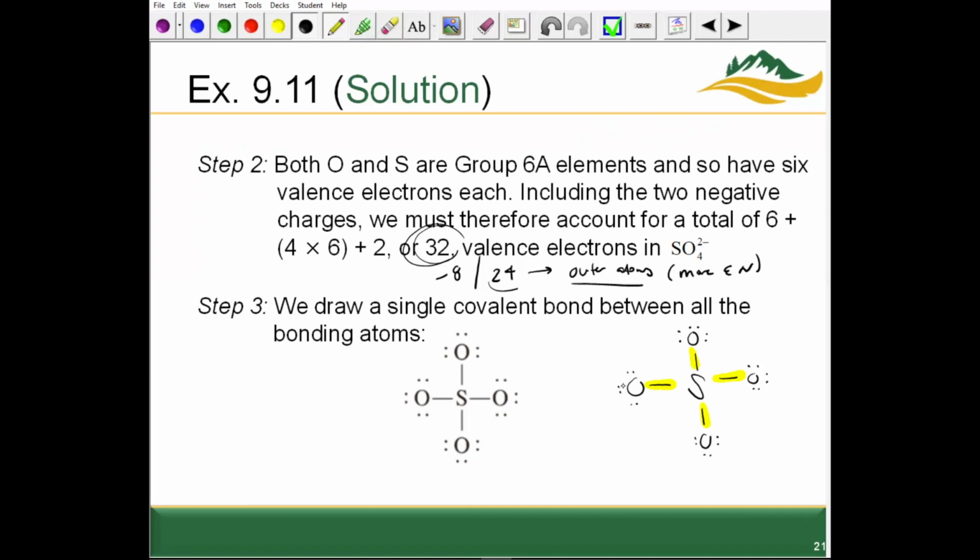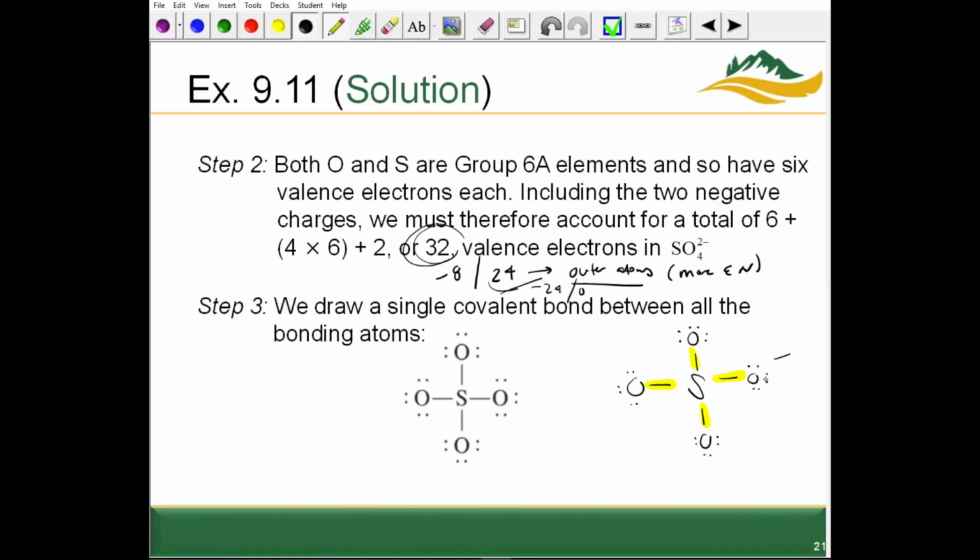We're not disobeying the octet rule for oxygen because these still have 1, 2, 3, 4, 5, 6, 7, 8 electrons around each oxygen atom. Drawing 6 around the 4 oxygen atoms, now we have used up these 24 electrons because 6 times 4 is all 24 electrons.